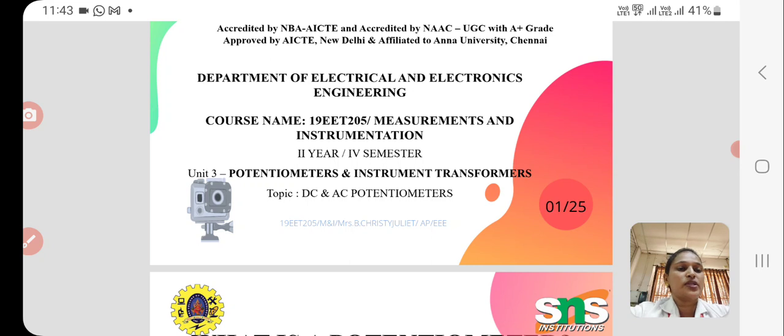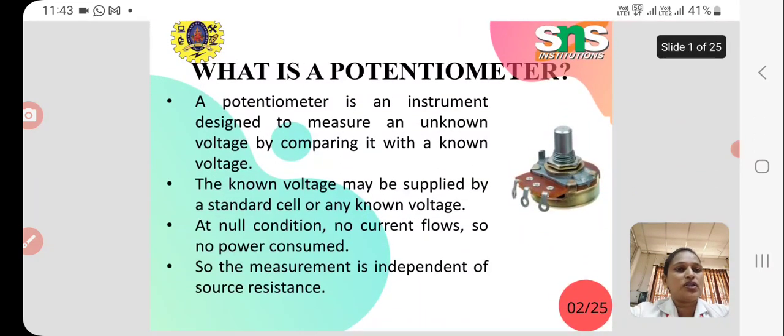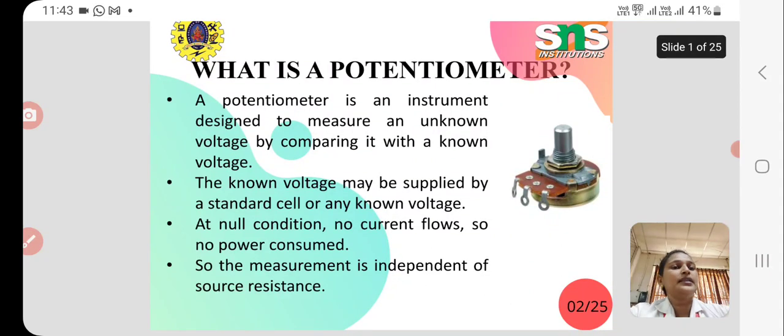These are the topics we are going to cover in this module. First, let's see what a potentiometer is. As the name implies, a potentiometer is a potential measuring instrument. It is an instrument designed to measure an unknown voltage by comparing it with a known voltage.